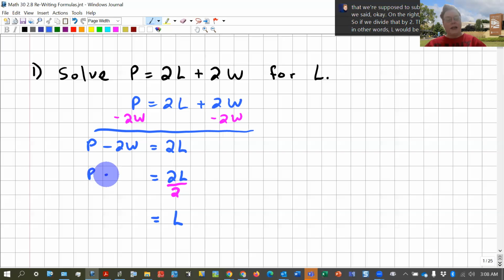So I have to take the entire left-hand side and also divide it by 2.